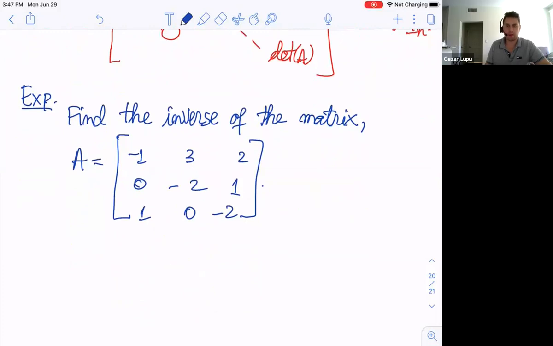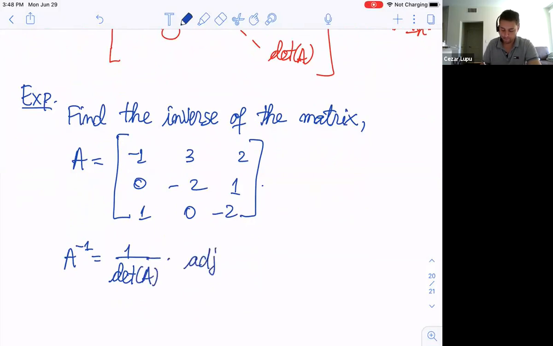Keep in mind that we had the previous formula: the inverse, A inverse, is nothing else than just 1 over the determinant of A times the adjugate of A. Now what we need to do here is to compute the determinant of the matrix, and of course we need to compute the adjugate of the matrix as well.